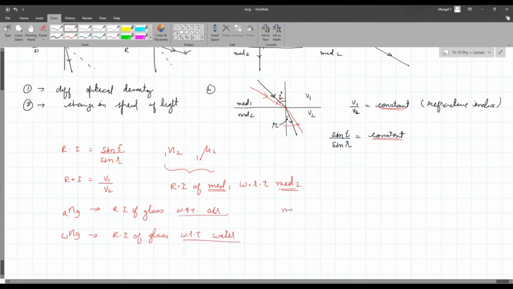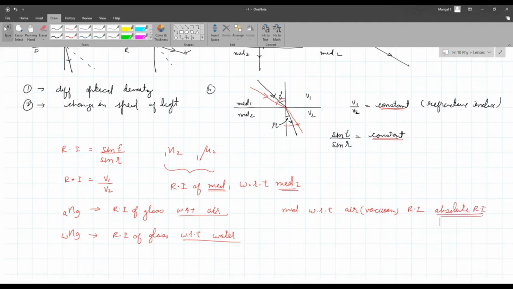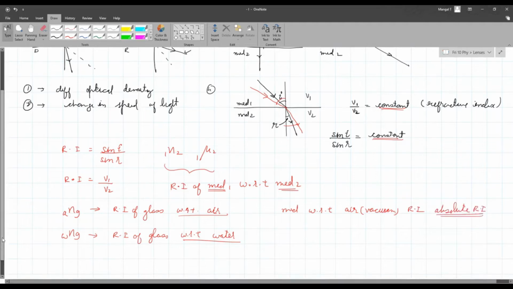When the refractive index of any medium is with respect to air or with respect to vacuum, then that refractive index is called absolute refractive index. That is another important term, absolute refractive index.